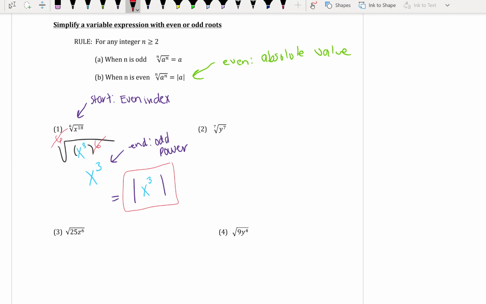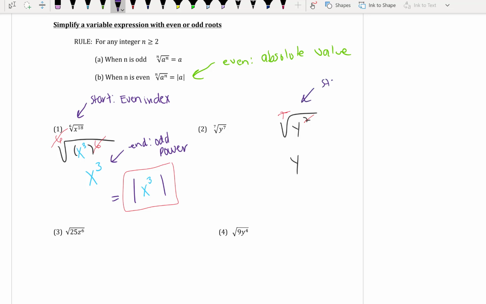So let's look at number 2. What I like about this is that my index to start off with is already a 7. And inside the radical, the radicand already has a 7. So those can cancel out very nicely. So my answer here is y. So what did we start with?